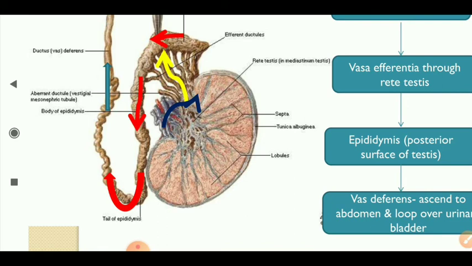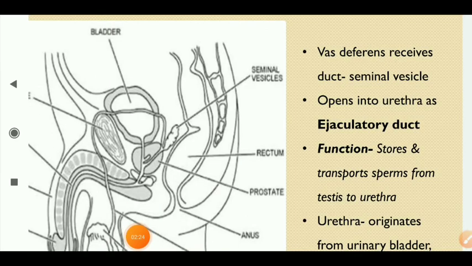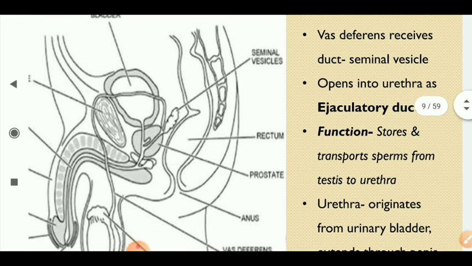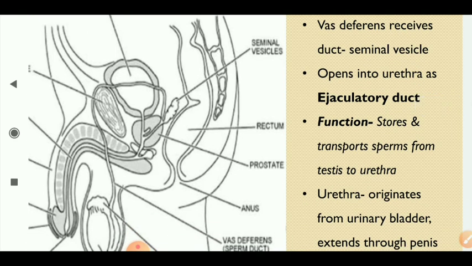This is the rete testis, next the efferent duct, then the epididymis, and then the vas deferens. See the diagram and understand the ducts of the male reproductive system. The vas deferens receives the duct of the seminal vesicles, and then opens into the urethra as the ejaculatory duct.